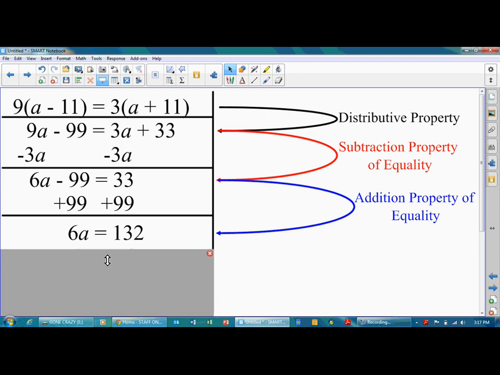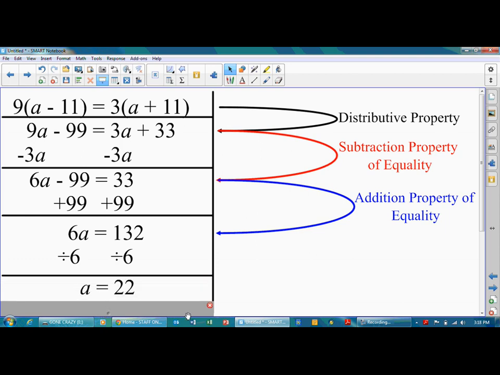And then to get the variable by itself, we divide both sides by 6 to get a equals 22. And so to get from here to here, we used the division property of equality. So there were 3 steps on the first one, there were 4 steps on this one.